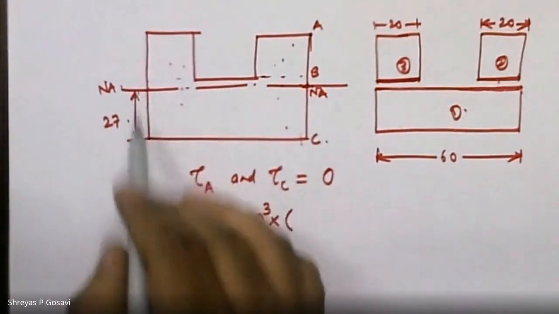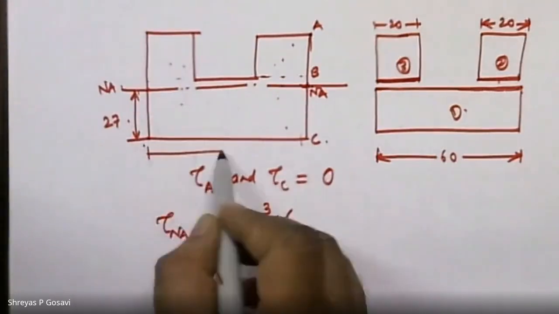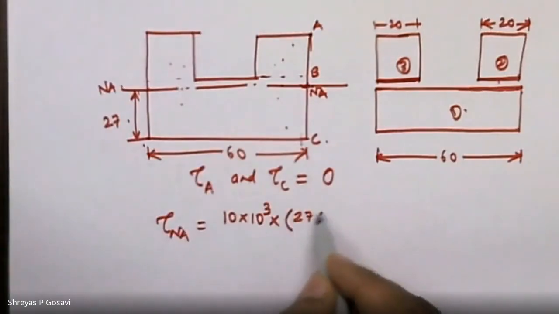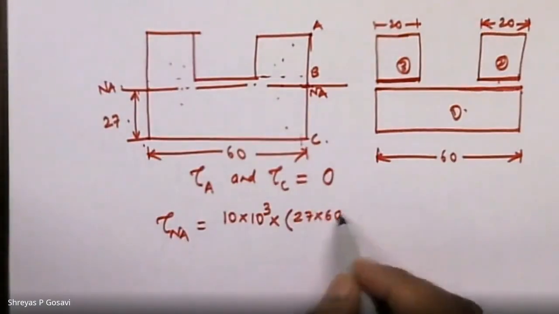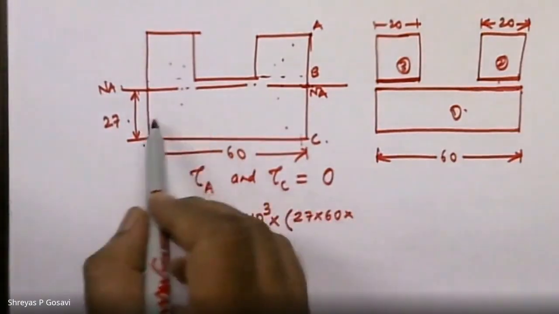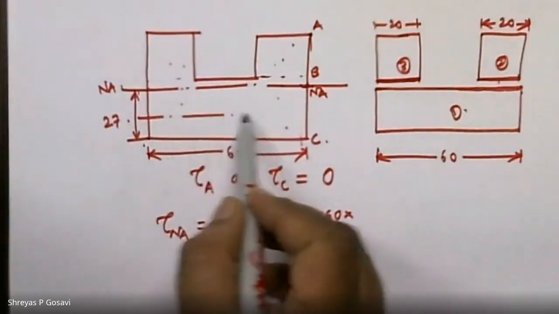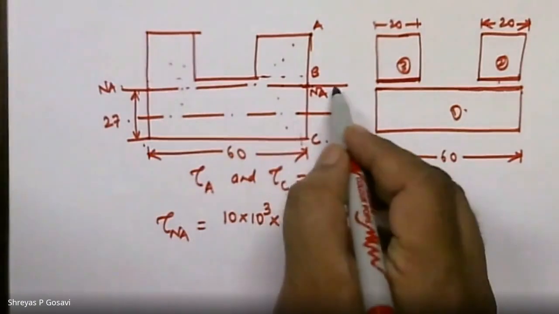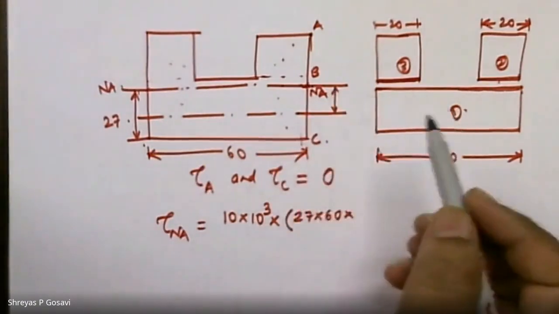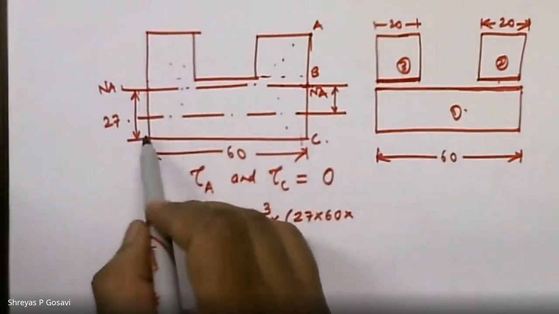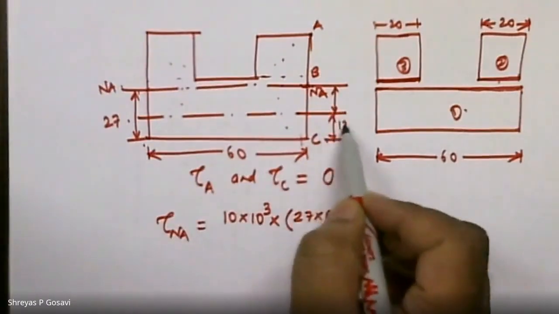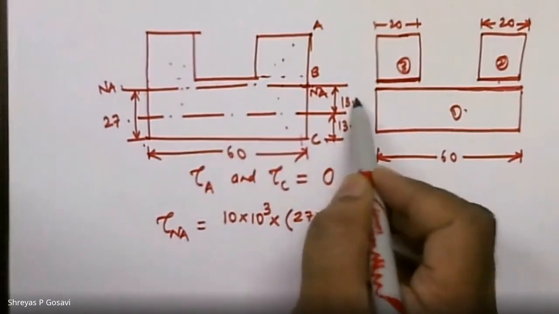So its area will be 27 multiplied by 60, into y bar, the distance of the centroidal axis of the section under consideration from the neutral axis. The total depth is 27, so this height will be 13.5 and 13.5.